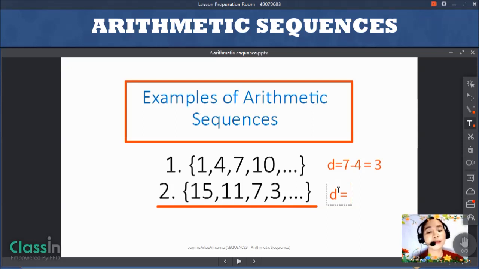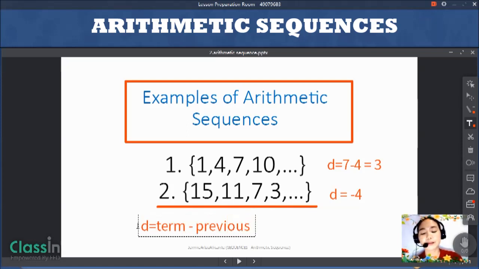Choose a term, for example, 7, minus its previous term, 11. 7 minus 11 is negative 4. That will be our common difference. So remember, we can obtain the common difference by subtracting a term minus its previous term. Okay?